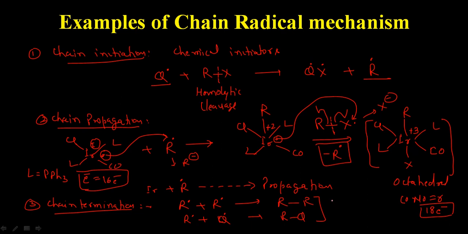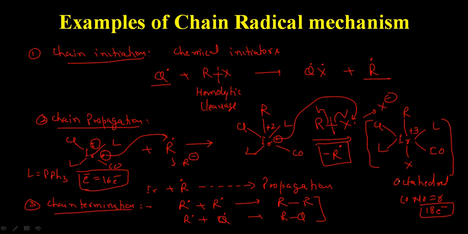So we can now clearly demonstrate the basic differences between chain and non-chain radical mechanism. In non-chain free radical mechanism, no requirement of initiator is there, whereas in case of chain radical mechanism some chemical initiators are required, and we move in the very well known steps like chain initiation, chain propagation and chain termination.